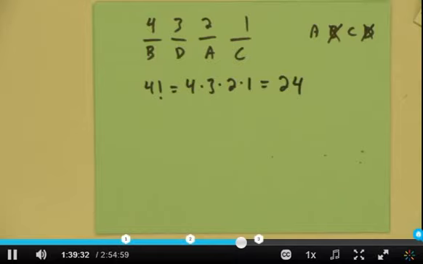It'll be 24. So 24 ways I can rearrange those 4 students in order. Factorials are nice in that sense. They give us a quick way to see how many ways we can rearrange that idea.